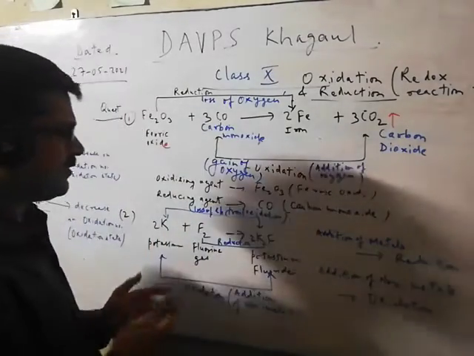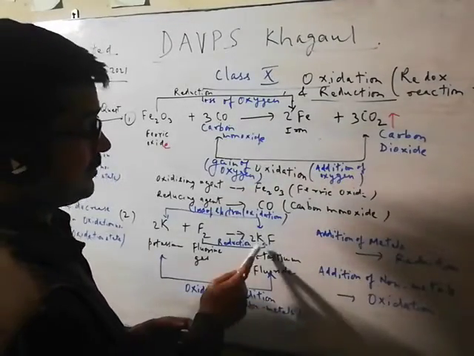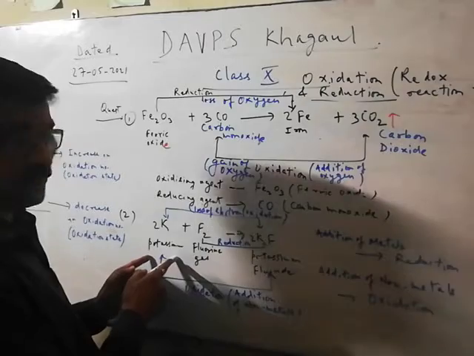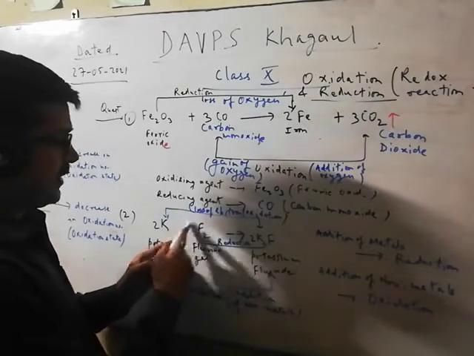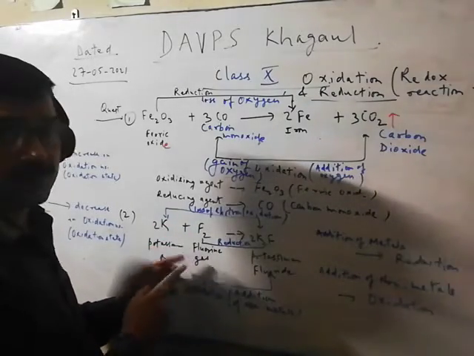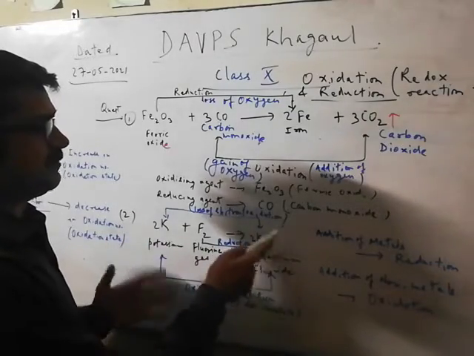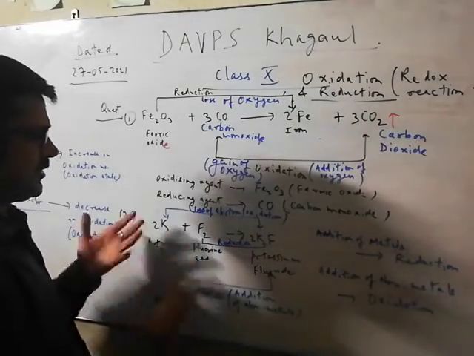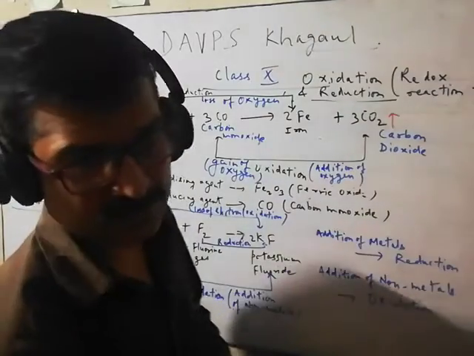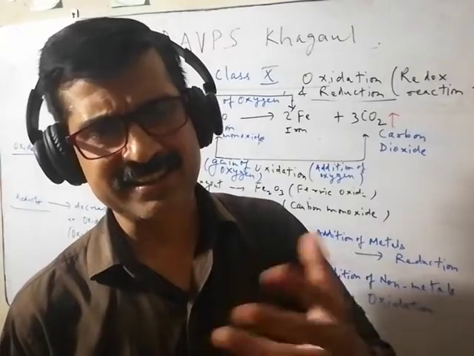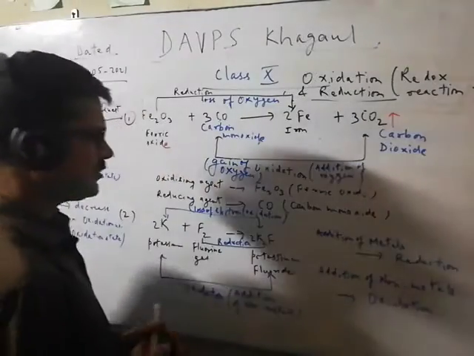Now here we obtain potassium fluoride, KF. K means potassium, a metal. Fluorine is a non-metal gas, and we obtain potassium fluoride, a compound. So what is oxidation and what is reduction here? Let us decide.